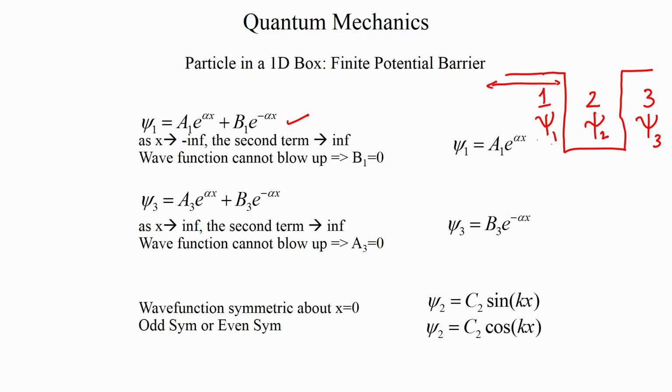Now, since this is the general solution, let us see what happens to the solution if I start moving towards minus infinity. I start walking in this direction and go from x equal to minus L by 2 to minus infinity. At x equal to minus infinity, as we start moving in this direction, what happens to this term? Now, alpha is positive. So as x gets more and more negative, this term starts dying out.